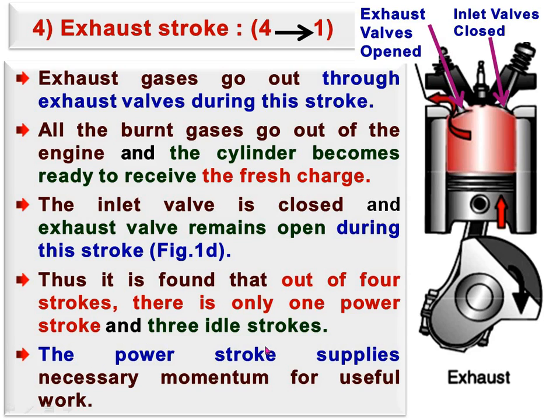So 3 strokes are idle, and the power stroke is the only stroke which produces energy. The power stroke supplies the necessary momentum for useful work. Whatever energy is produced during the power stroke helps to run either our engine system or to do useful work.